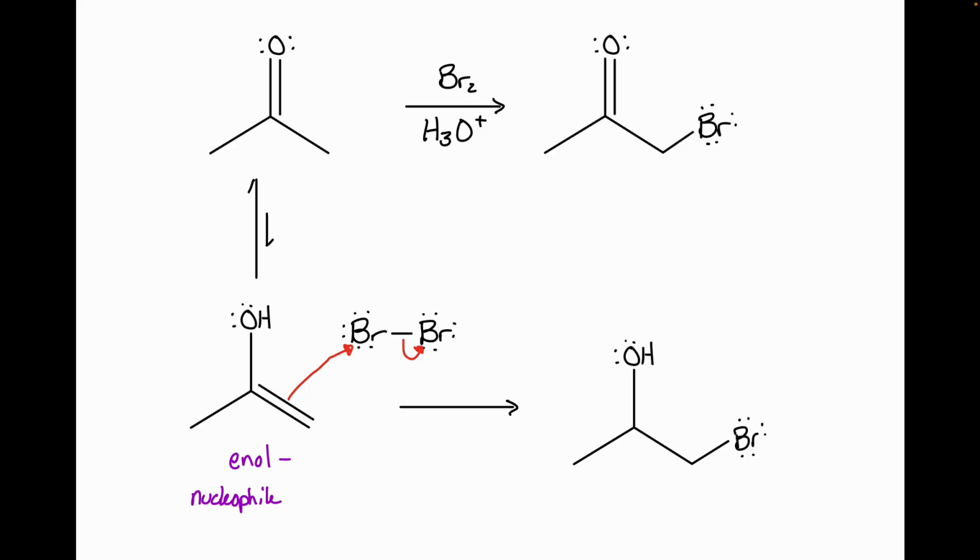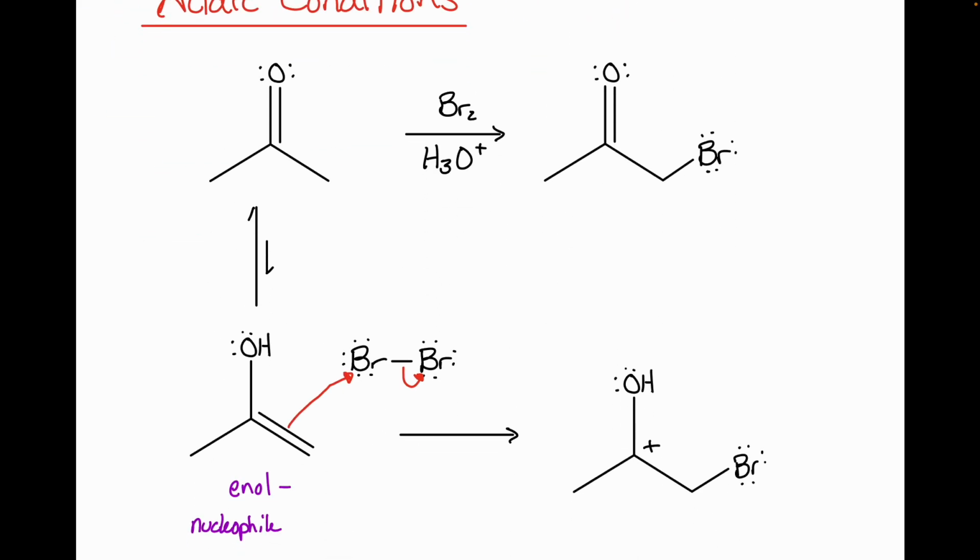A carbocation. Now, this is not what forms here. Because remember, we talked about what's wrong with carbocations. Why are they so much less stable than other things with positive formal charges? How many bonds does my carbon have in a carbocation?